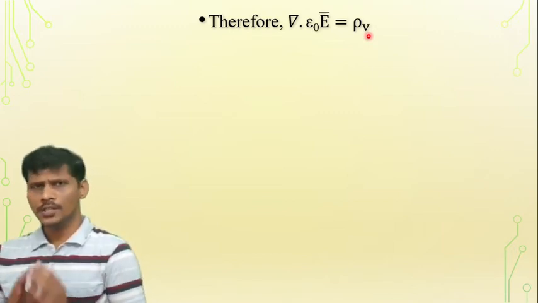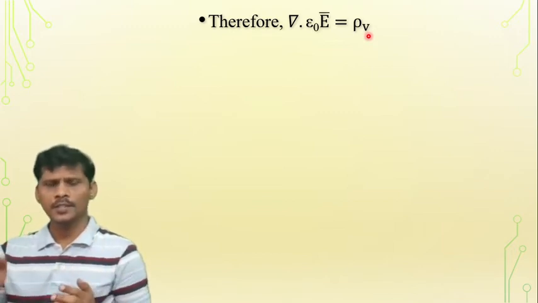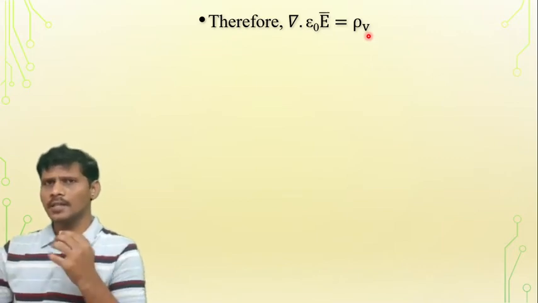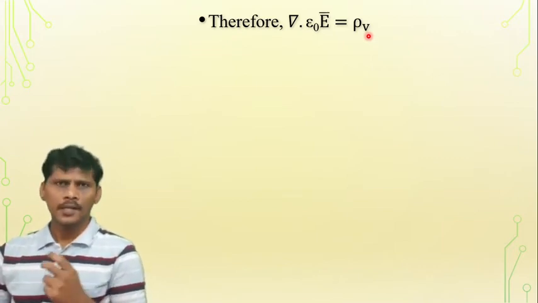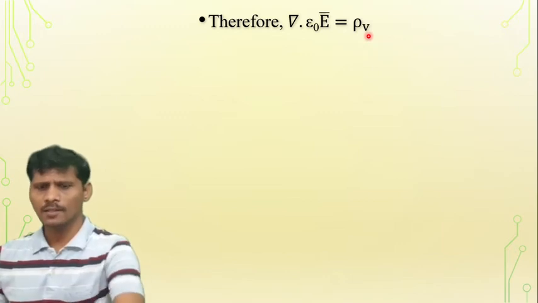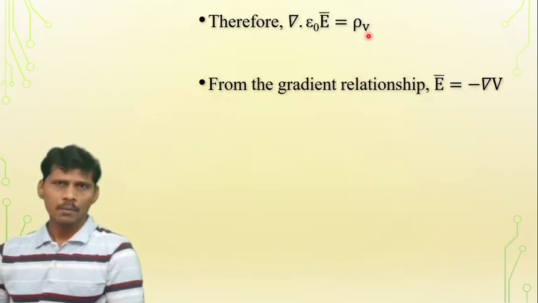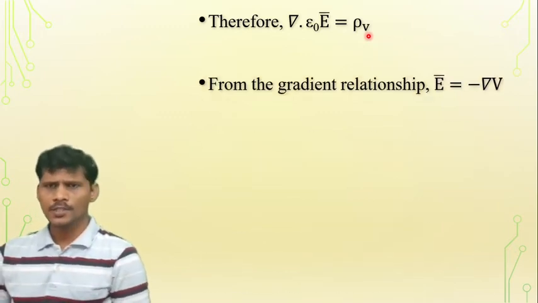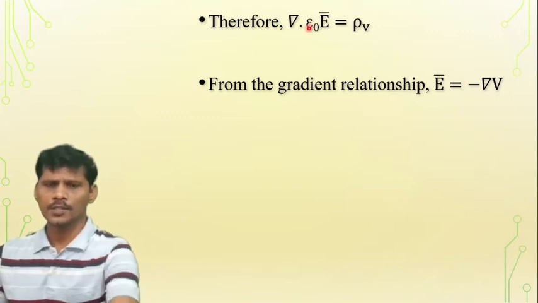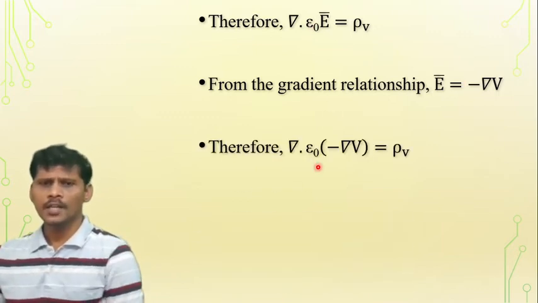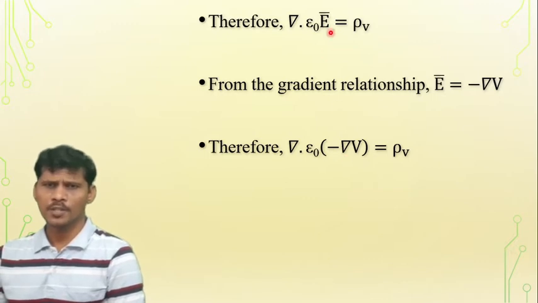The relationship between electric field intensity and electric potential is that the electric field intensity is the negative gradient of the electric potential, that is E bar is equal to minus del V. Substituting this E bar value into the above expression, we get del dot epsilon naught into minus del V is equal to rho v.